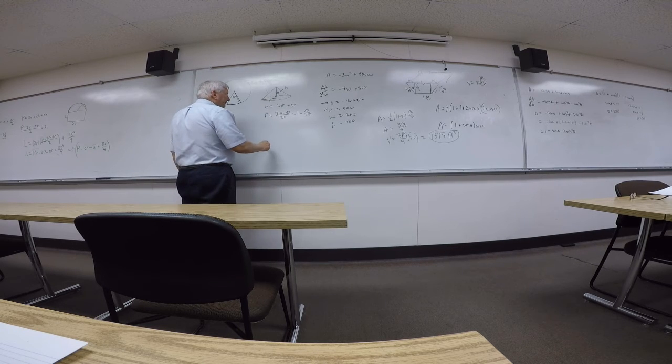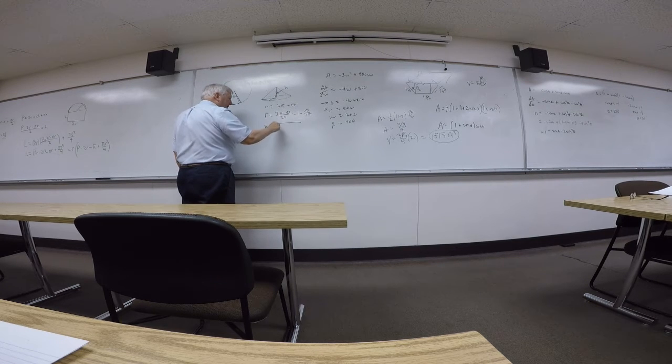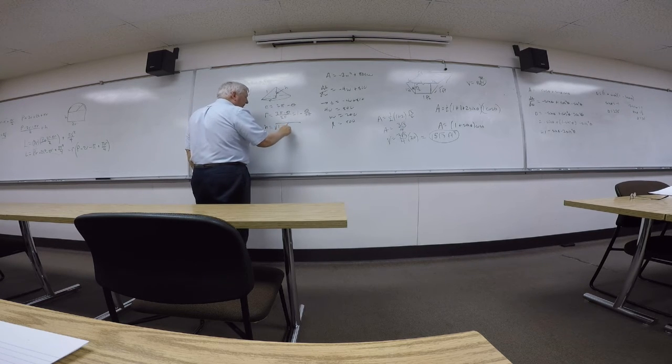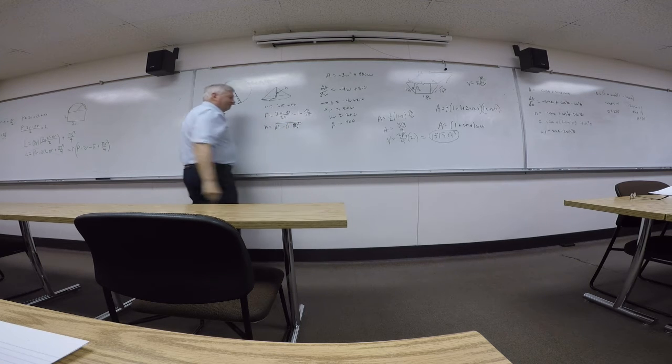So the height is the square root of 1 squared minus (1 minus theta over 2 pi) squared.